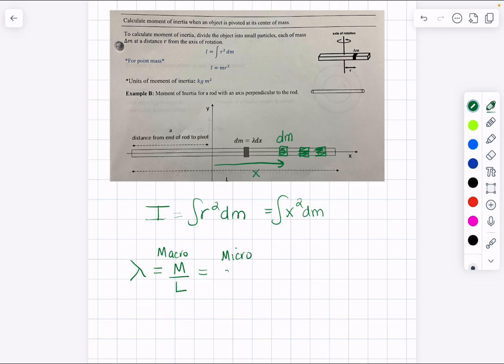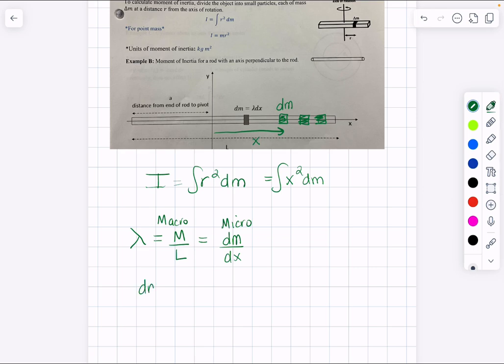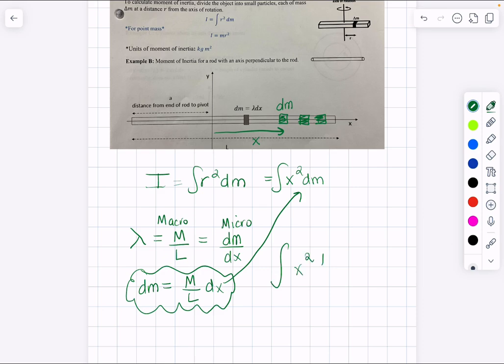The microscopic version is going to be dm over dx. Okay, so now we are going to say dm is actually equal to m over L times dx. So that will allow us to substitute in for dm. And so we're going to integrate x squared m over L dx.